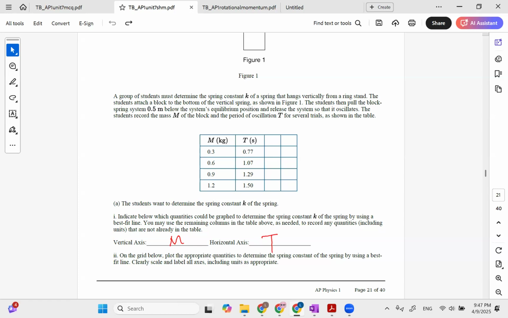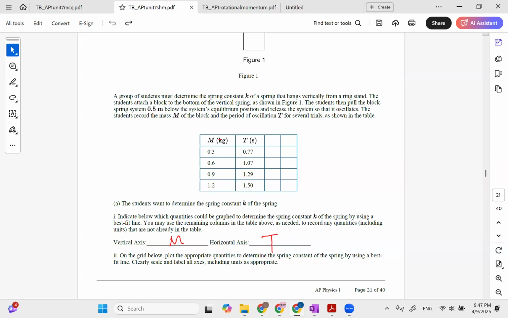Is it like I can only choose M and T? Your variables are mass and T. I think the same. Okay. Bonnie, what do you choose? I think the same too.